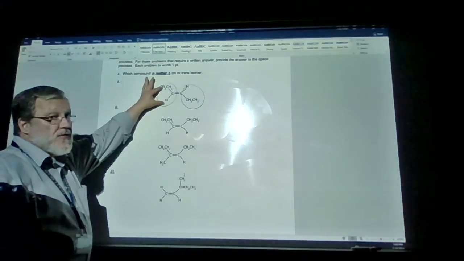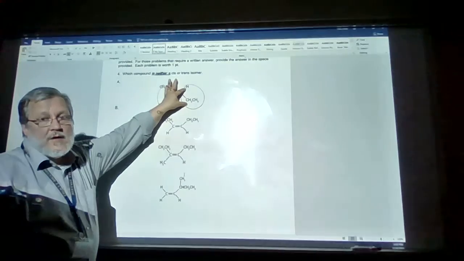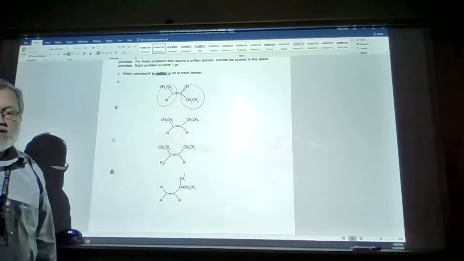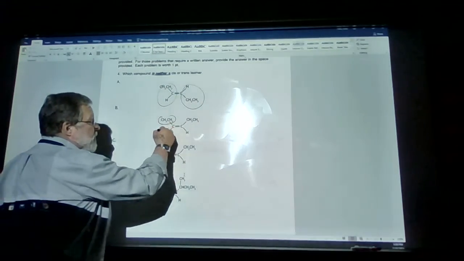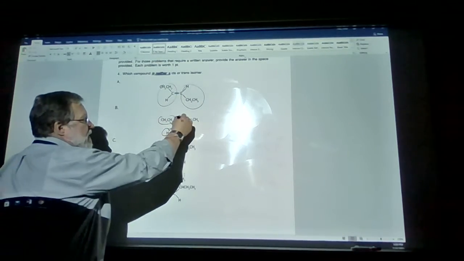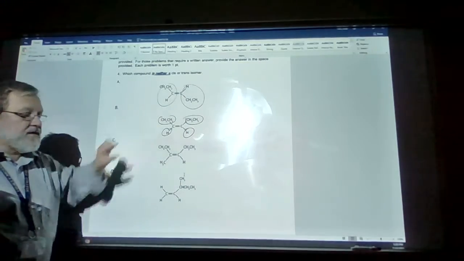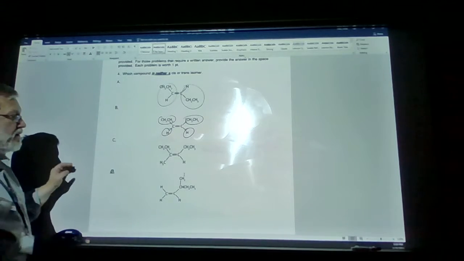If these are different from one another, and these are different from one another, this can have a cis-trans isomer. Is this different than this? Yes. Is this different from this? Yes. This is a cis-trans isomer of that.